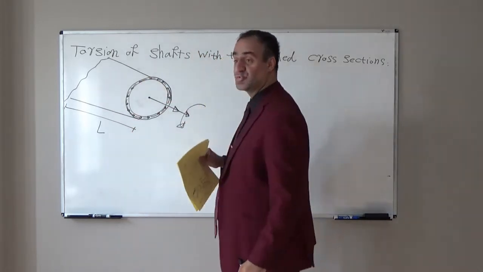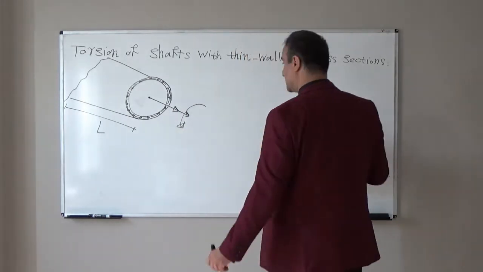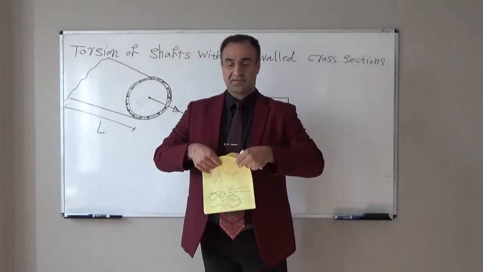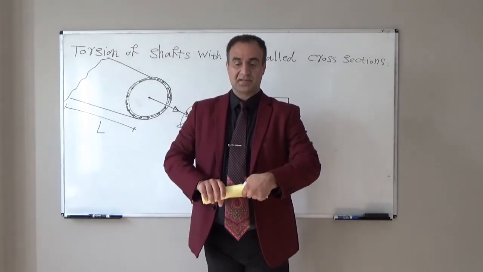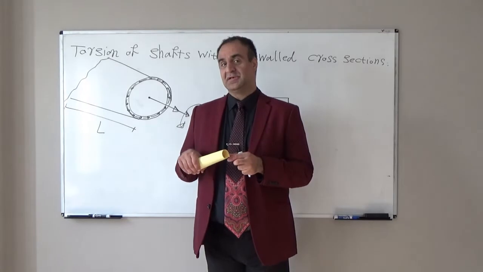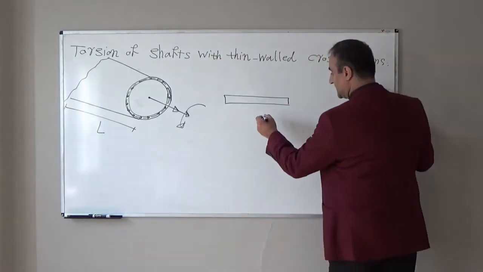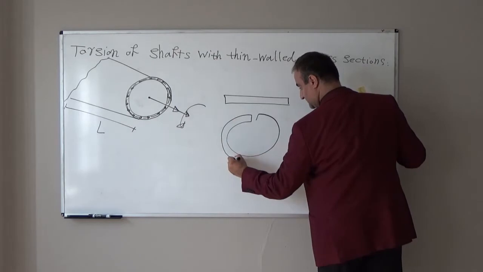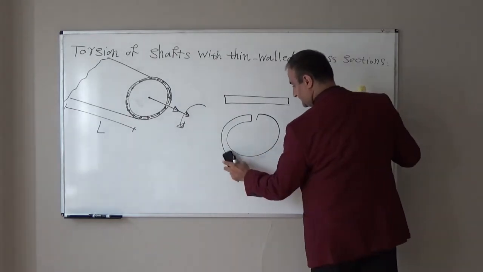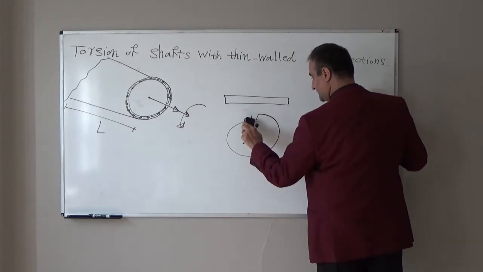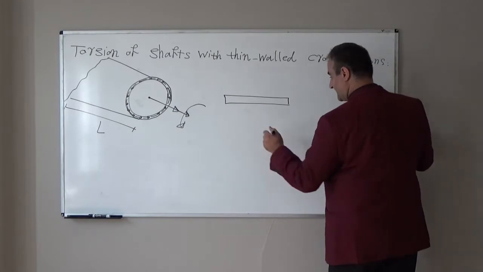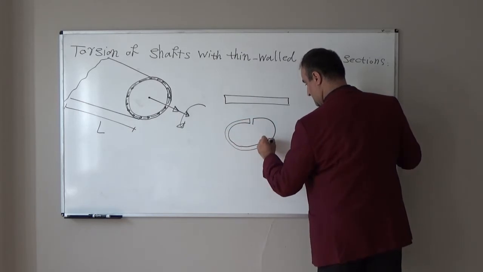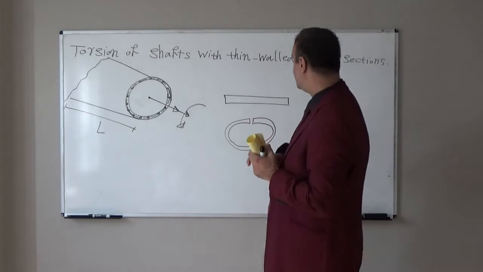The section, pay attention, should be a closed section. If it is an open section, for example, if we have a flat plate like this and we roll it and make it like a shaft with a circular cross-section, but it is not closed, so similar to this, something like this, in that case the behavior is totally different.